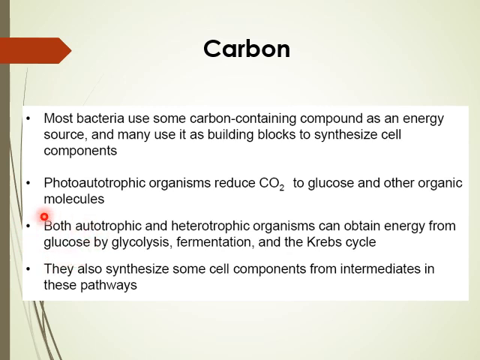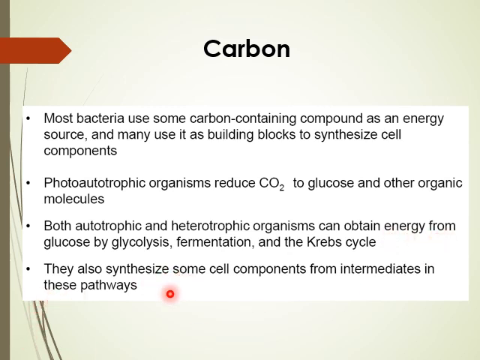And this glucose will go through different types of metabolism or pathways: the glycolysis pathway, fermentation, and the Krebs cycle. This catabolic metabolism, or catabolism, will produce a lot of energy for the cells.